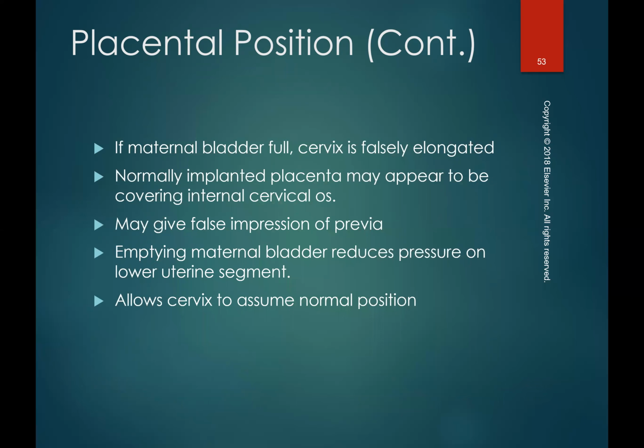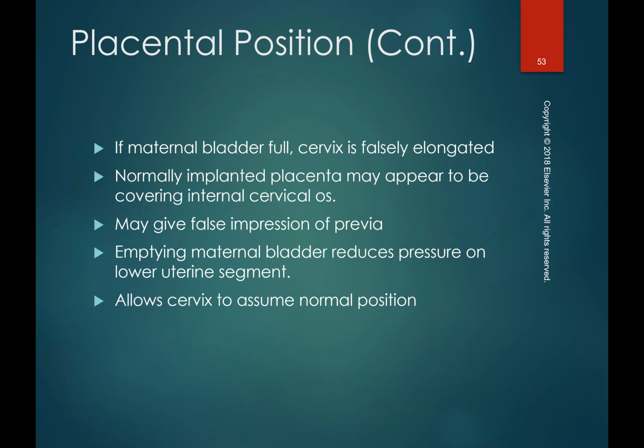If the maternal bladder is full, the cervix could be falsely elongated. Normally, I don't like the mom's bladder too full because I feel like you can falsely get a placenta previa with them. So I usually have the moms empty their bladder before I do their anatomy scan. Normally implanted placenta may appear to be covering the internal cervical os in this case.